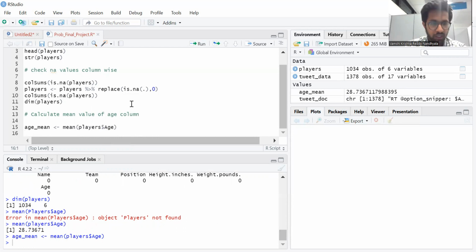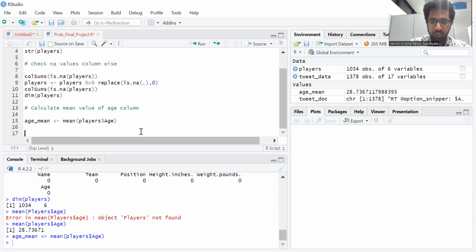So after calculating this mean, I just want to present you the visualization plot of age versus team, so that you could see which team has older players than other teams. So this could be obtained by performing the following operation.